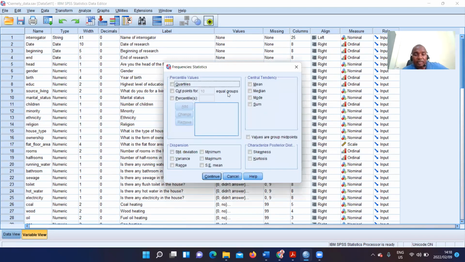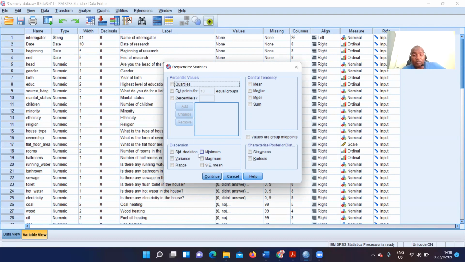If you click on statistics there, we could also calculate the quartiles, the percentiles, the mean, median, mode, sum, which are measures of central tendency, or even the measures of dispersion, which are standard deviation, minimum, maximum, variance, range, and standard error of the mean, or the measures of the shape of the distribution, like skewness and kurtosis.